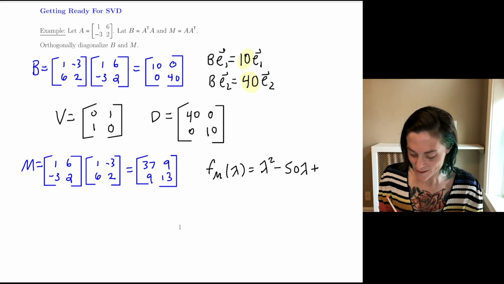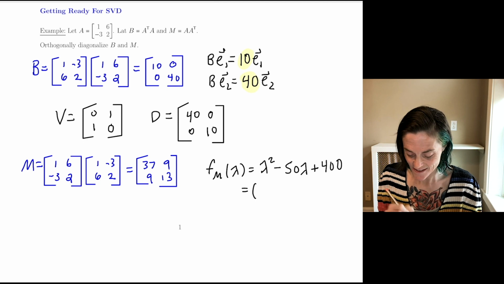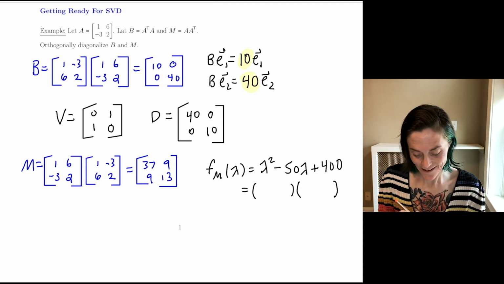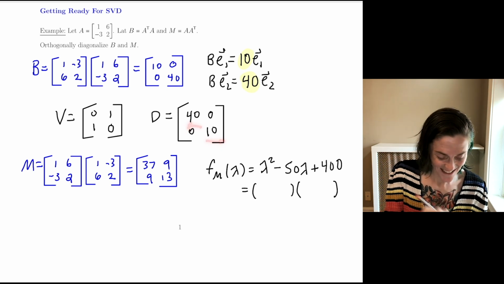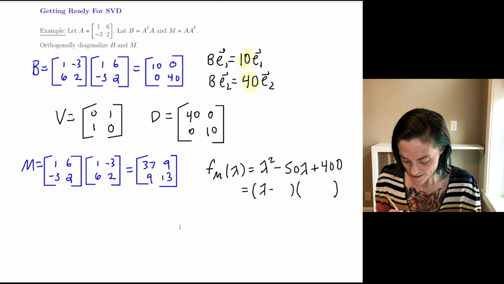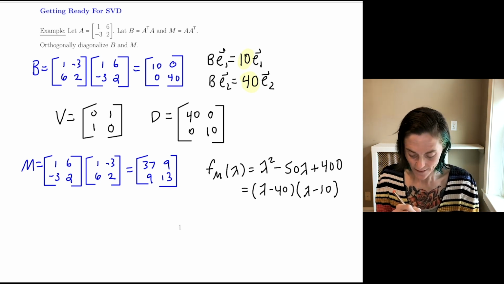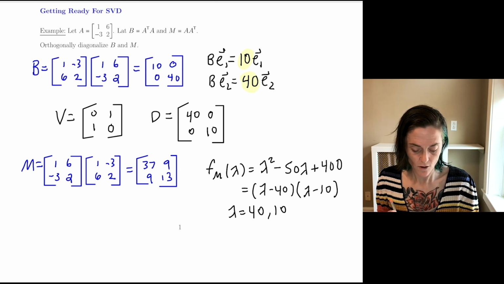So the determinant here is 400. And we can factor this. In fact, we see it factors into lambda minus 40 and lambda minus 10. You can check. And so the eigenvalues of M, we have lambda is 40 and 10.